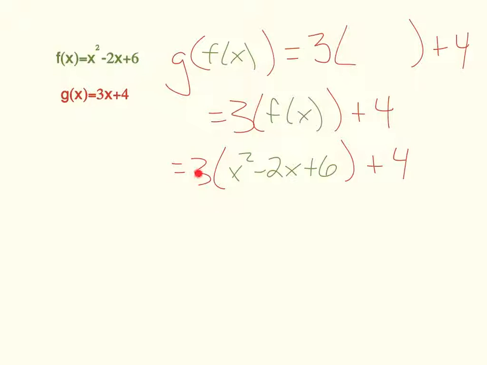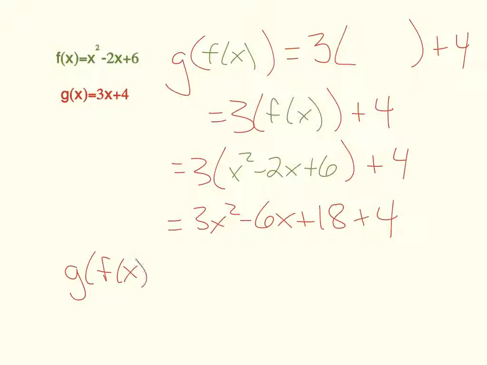So we're going to distribute this 3 to everything and get 3x squared minus 6x plus 18 plus 4. We're going to combine our like terms. So g of f of x equals 3x squared minus 6x plus 22.